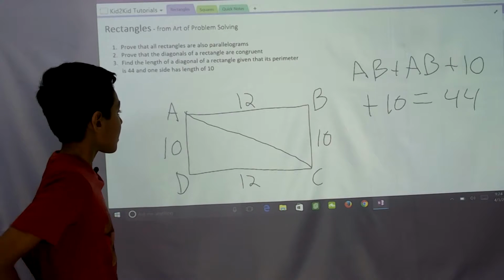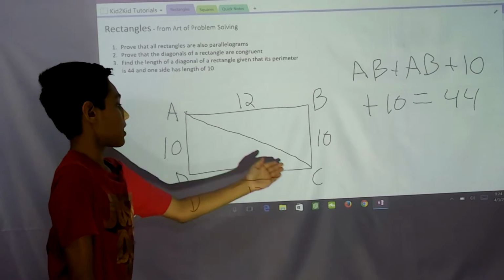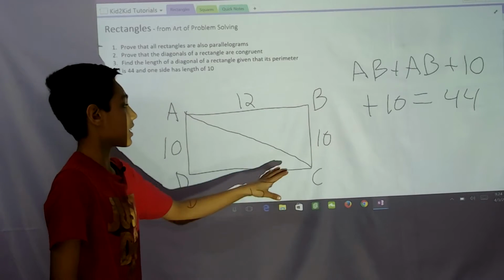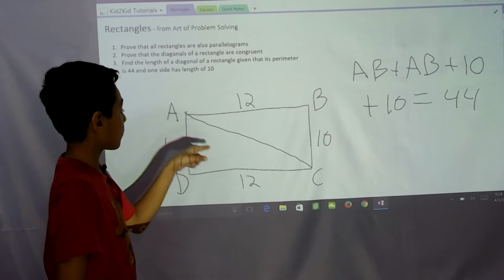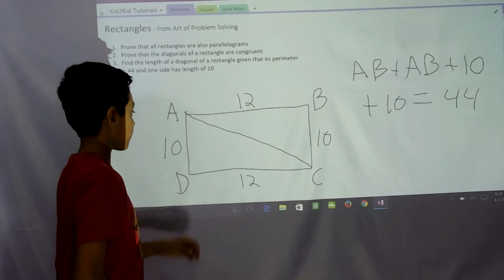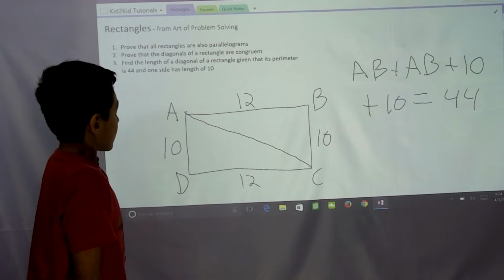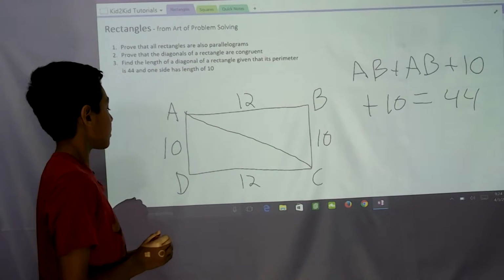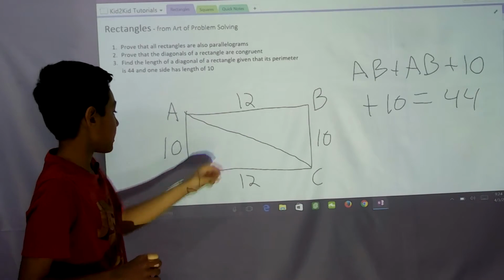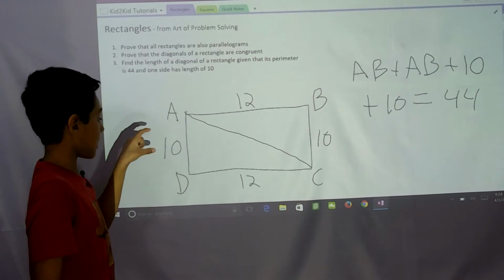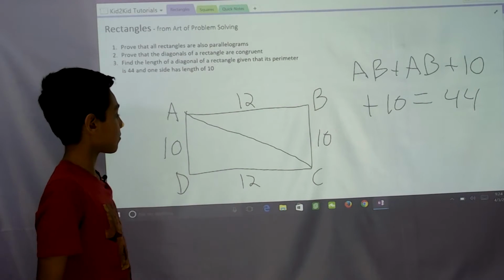Also, since we're trying to find the diagonal, this diagonal splits the rectangle into two triangles, right here and right here. So we use the Pythagorean theorem to find AC because we see this triangle right here, and the sides are 12, 10, and AC.